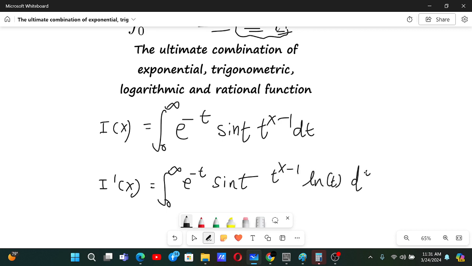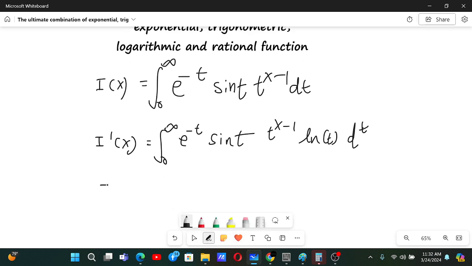Now if we substitute x as 0, we get the required integral, isn't it?